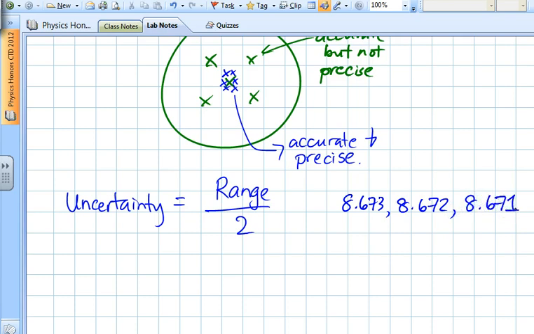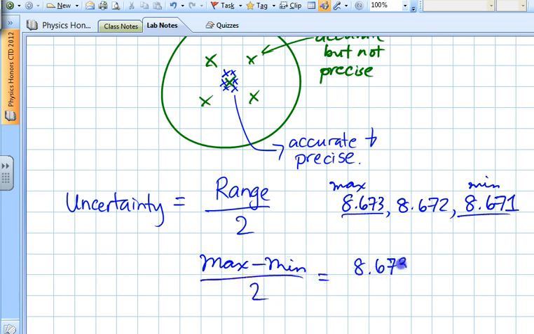If I look at the range of that data, the largest is 8.673, so that's the max. The minimum is 8.671, and so the range is the max minus the min, divided by 2. So 8.673 minus 8.671 over 2 is very small. That's 0.002 divided by 2, which is 0.001.